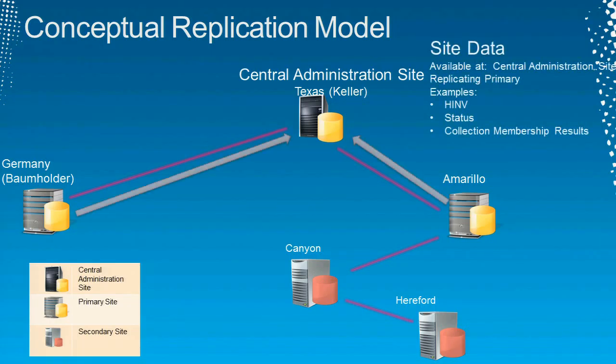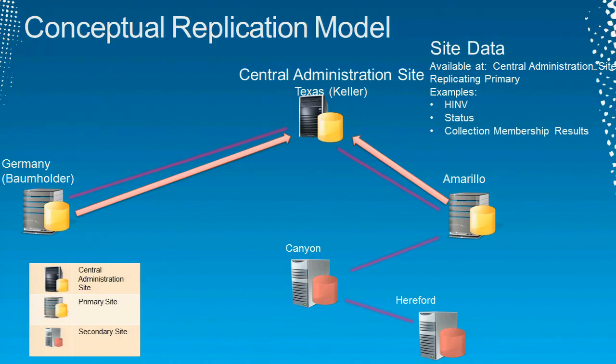Now, site data would be like hardware inventory, software inventory, status messages, stuff from clients. That would go point to point from your originating site up to the CAS. But notice it's one directional arrows, it's not bidirectional arrows. It goes from Amarillo or Germany up to Keller, but not across to the other site. So Germany never sees the hardware inventory for clients over in Amarillo.